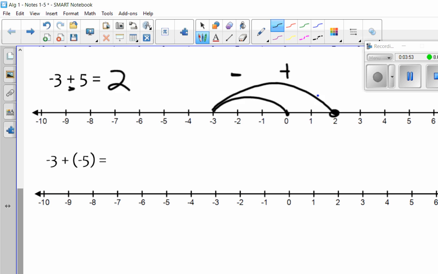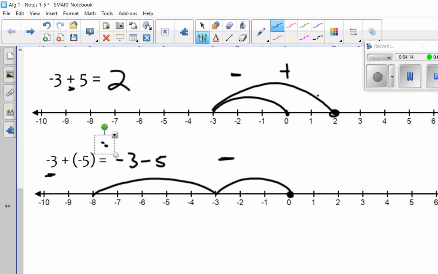All right? So once again, I'm going to start at 0. I got a -3 as my first sign, so I'm going to go -3, or the negative direction. I could rewrite this equation like this. So once again, I'm going to go in a negative direction. I'm going to go 5 from there, and that's going to get me to -8.